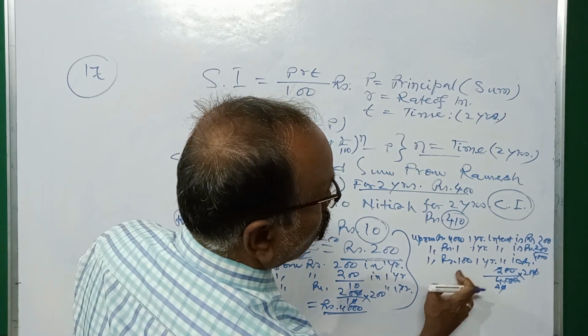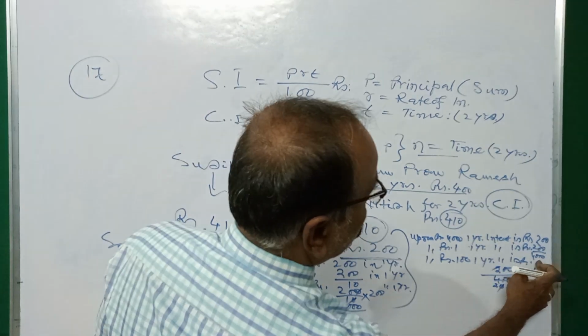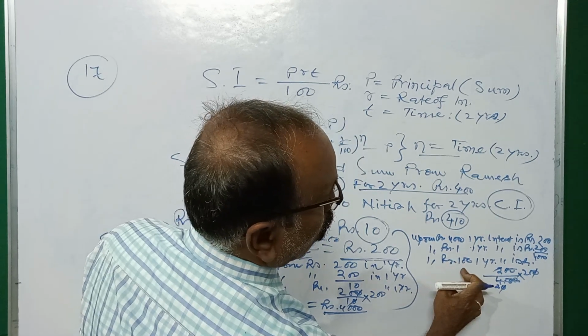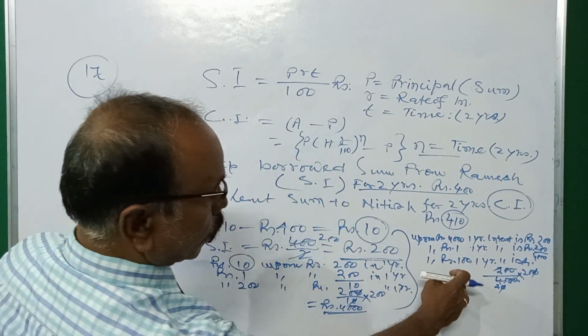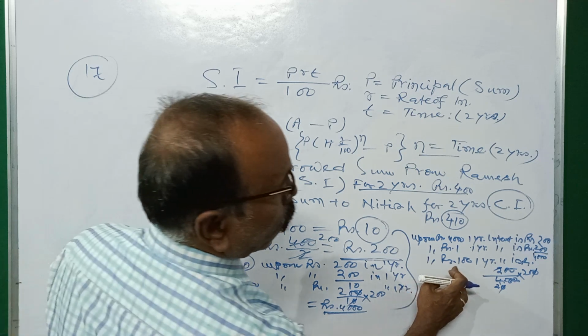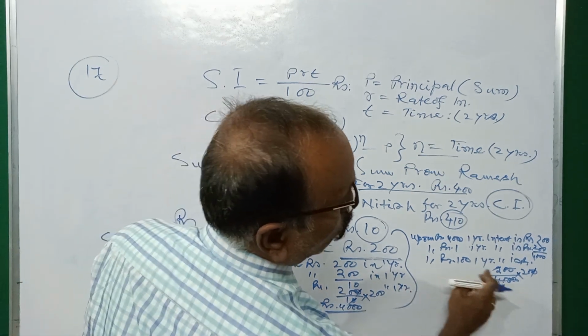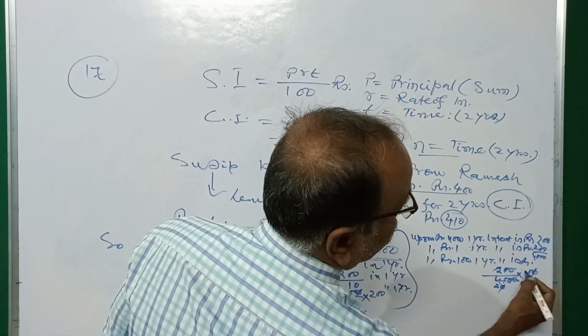Here is also 4000 upon 100. Yes, upon 100 in 1 year, sorry, this is 100.